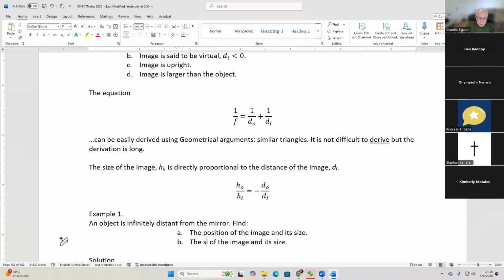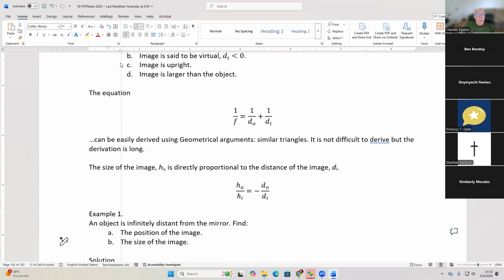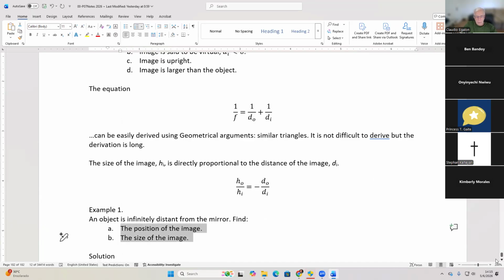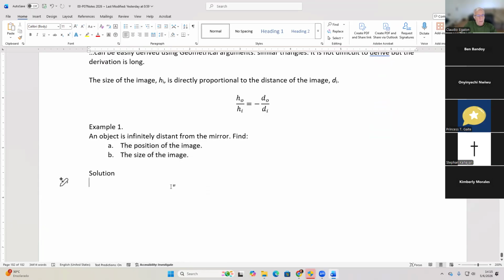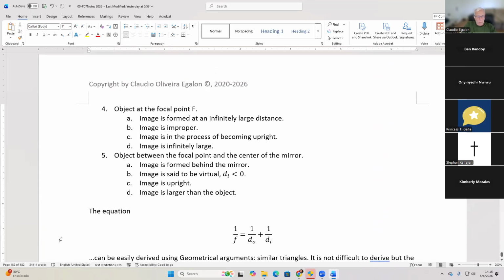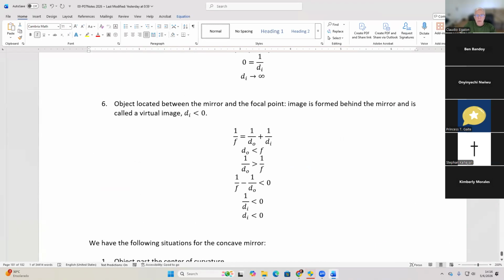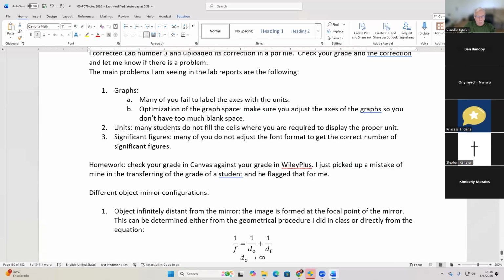B, the size of the image. We already did the first part before. Let me just copy the solution that we did in this item right here.